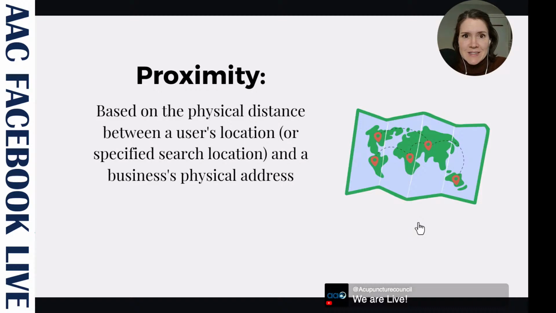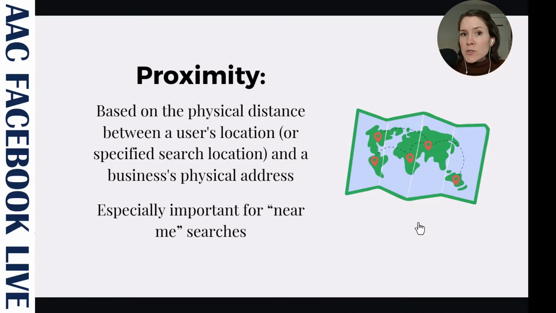Or your business? And proximity, of course, is how Google determines when someone types in something like acupuncture near me, how Google determines whether you are within a reasonable range to show up for this person's search, right? So if someone is searching acupuncture near me and your clinic is an hour away, maybe Google's going to decide that's too far, right?